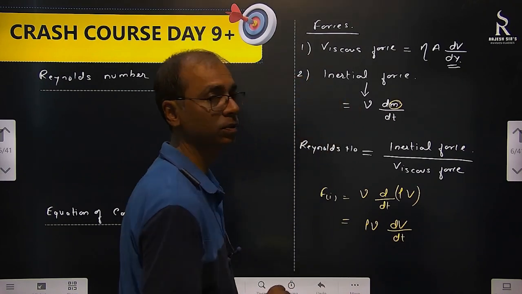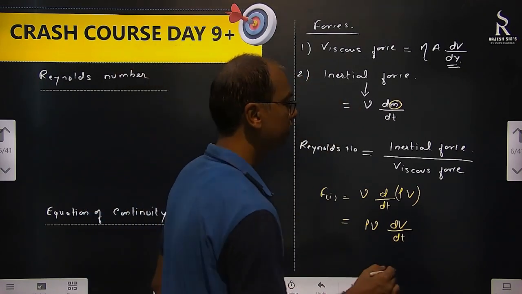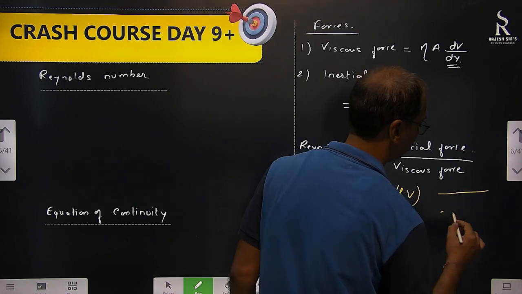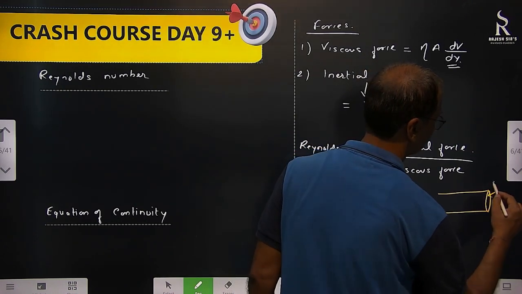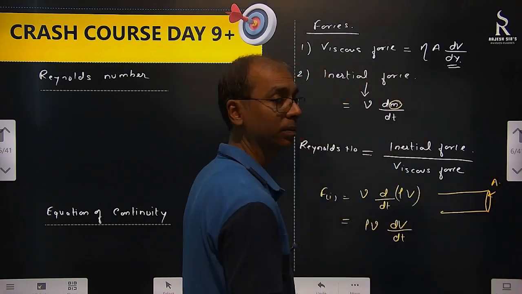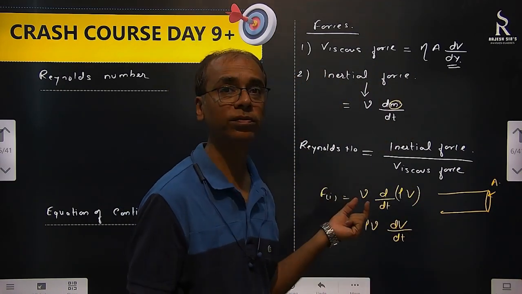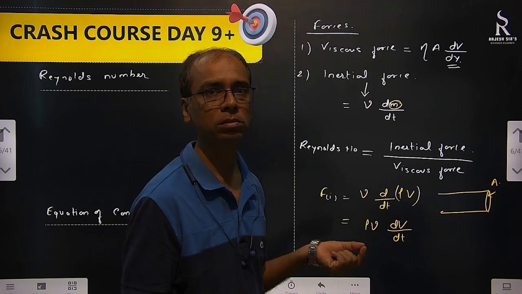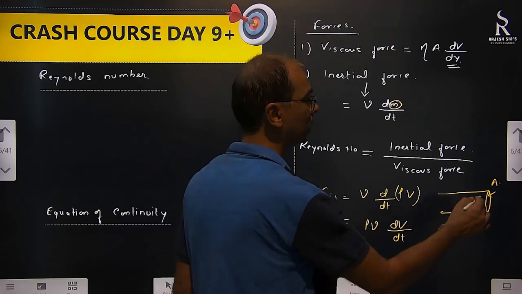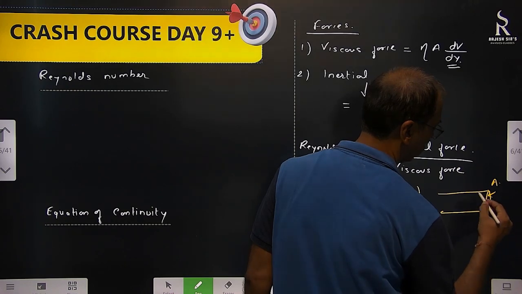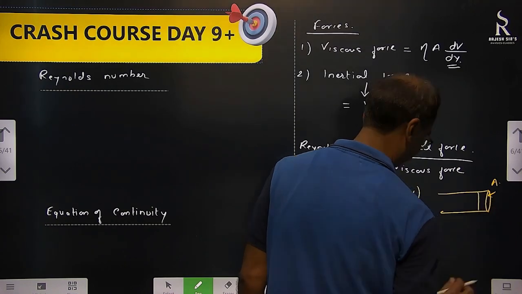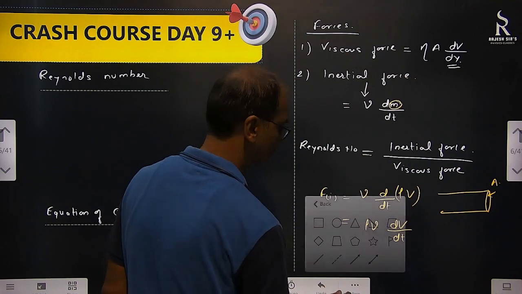Now what is dV by dt? If I am talking about a pipe, let's say there is a pipe here, the pipe's area is A. dV by dt will be the rate of flow of volume. So if its area is A, and suppose per unit time, this liquid of ours, this is liquid.